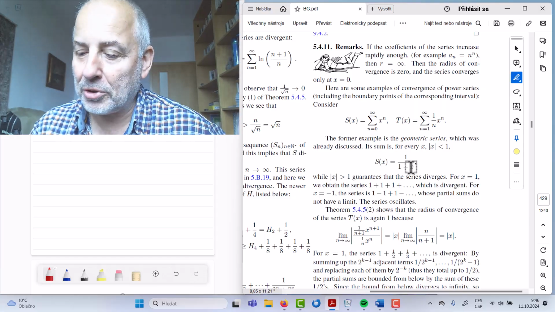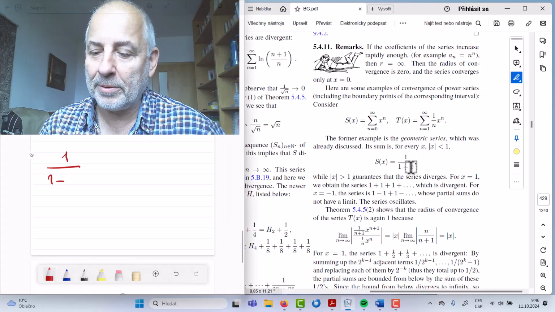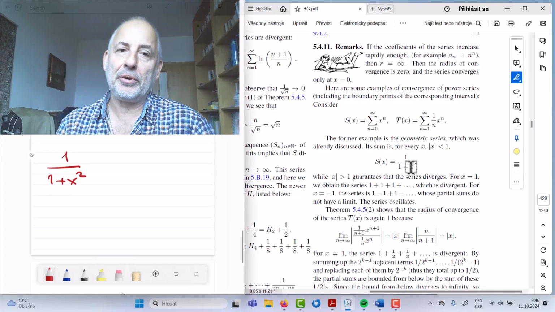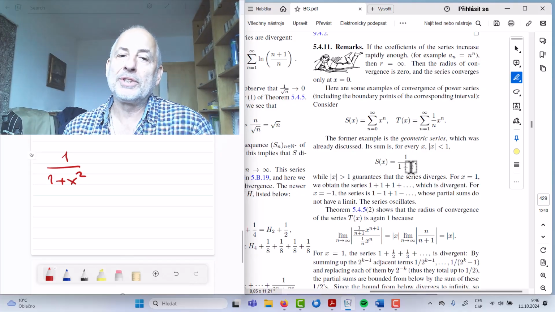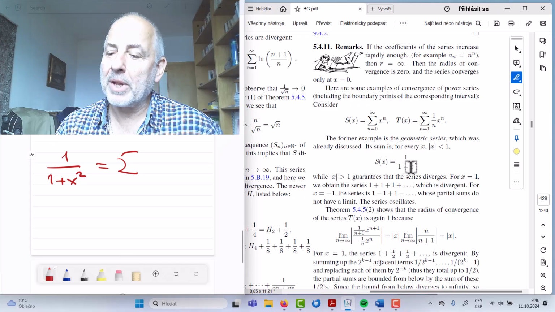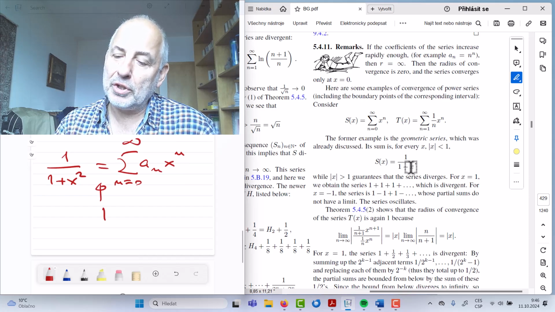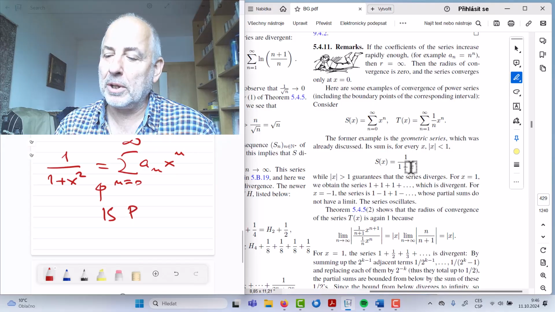To have some other example, imagine you have got something like 1 over 1 plus x squared. So that's always a question whether this could be written as some a_n x to n for n equals 0 to infinity, right? And we shall see soon that it is possible.